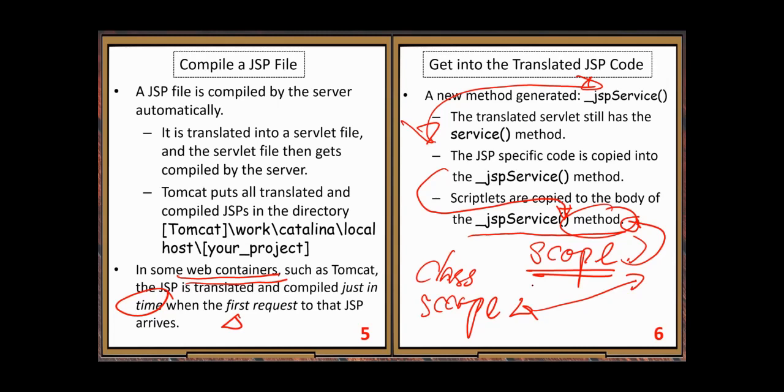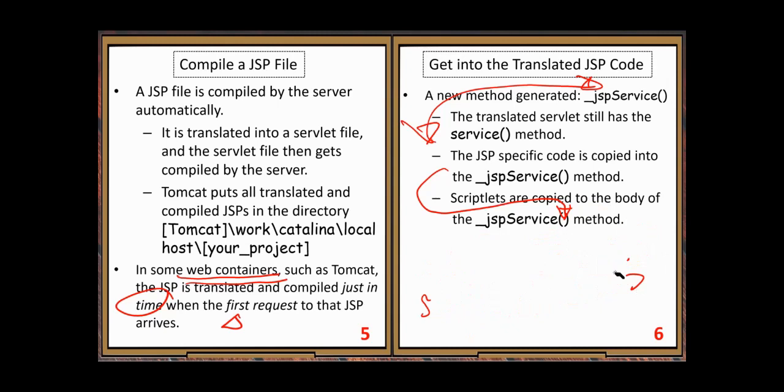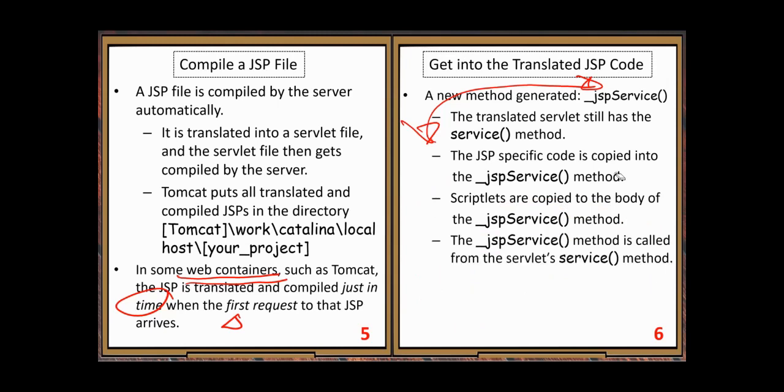Because the scope is different, so the rules are also different. We will talk about the scope concept later. There is a lot of discussion about the scope concept. Here I just tell you it is related. It is important.